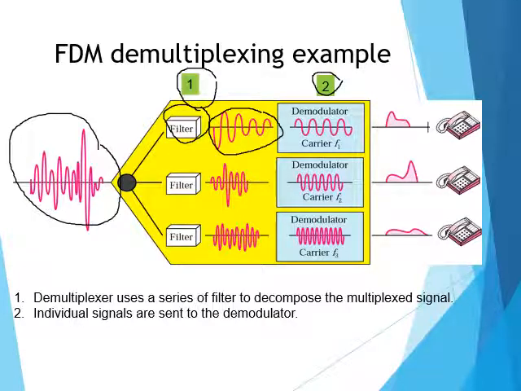Individual signals are sent to the demodulator. When the modulated signal is combined with the carrier frequency, it will produce the original signal. That's the process of demultiplexing.